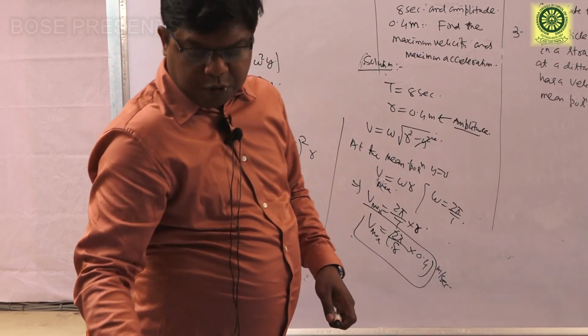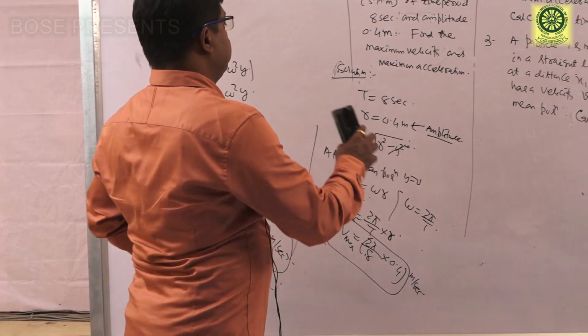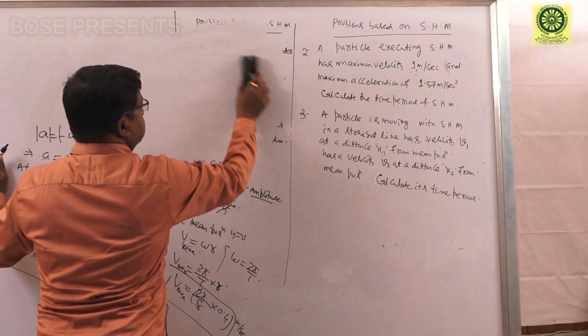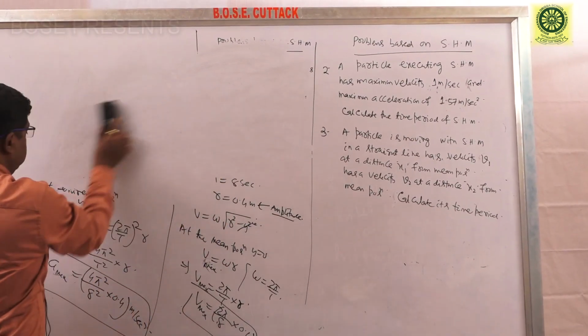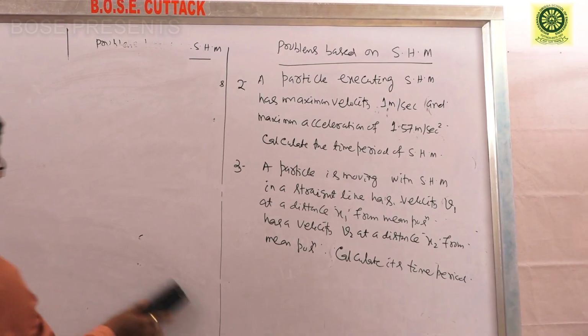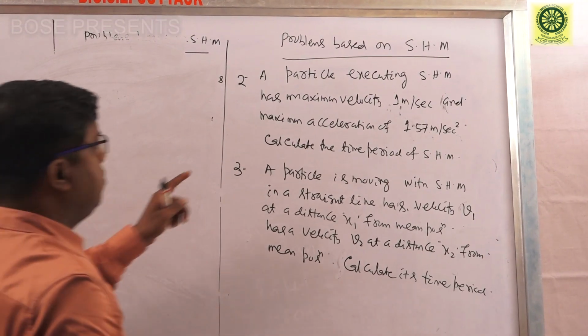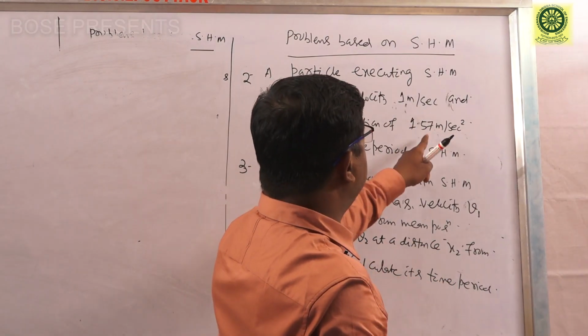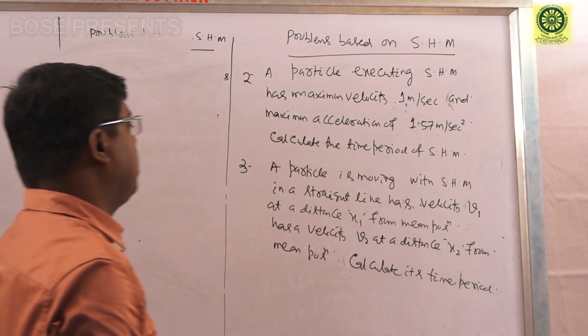Next, problem number 2. A particle executing SHM has a maximum velocity of 1 meter per second and a maximum acceleration of 1.57 meter per second square.